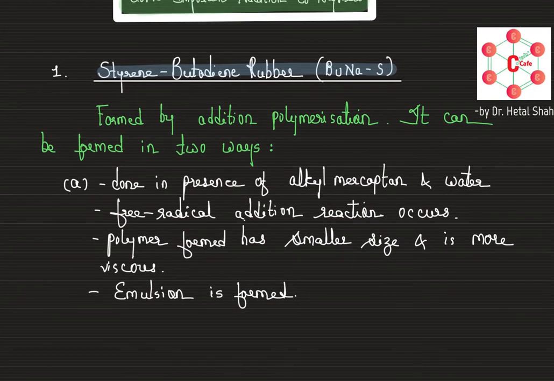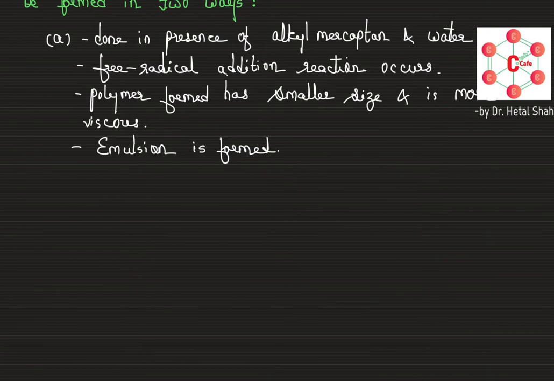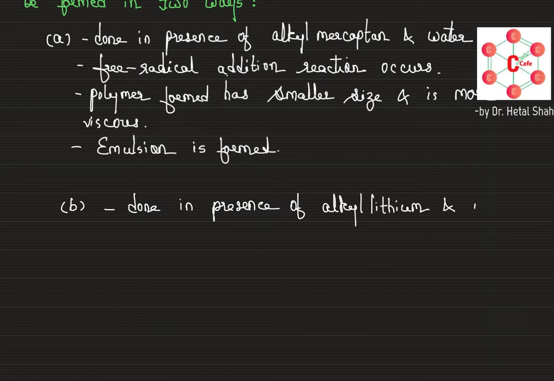Another way of getting this polymer is not through a free radical mechanism, but it can be obtained through anionic addition polymerization. Now, the second type of reaction can be done in presence of alkyl lithium and in non-aqueous conditions.